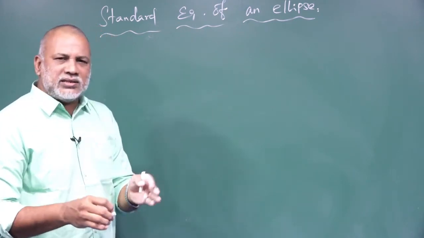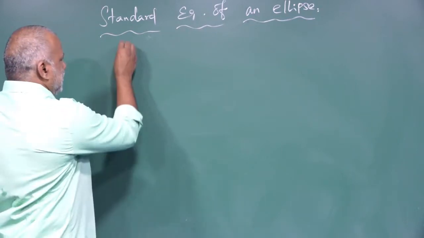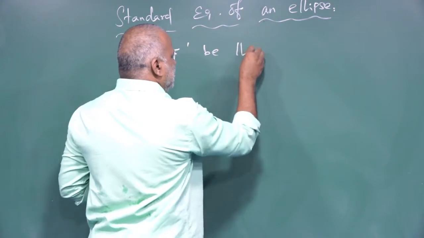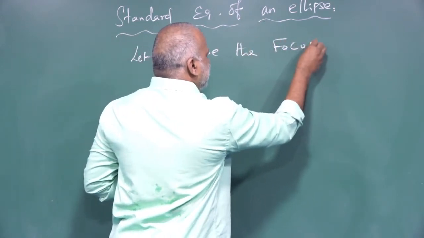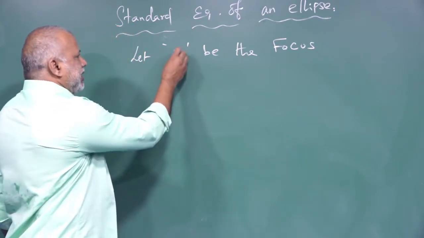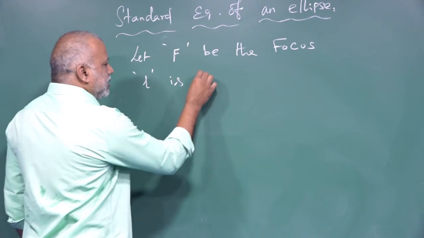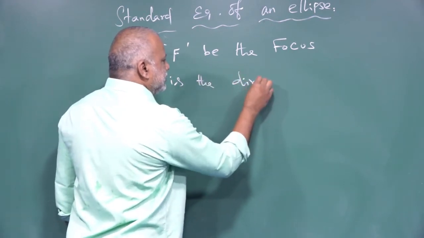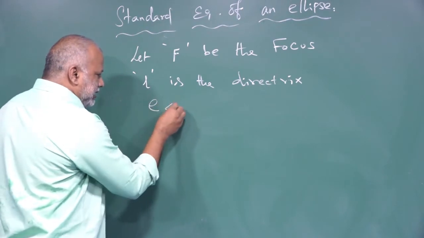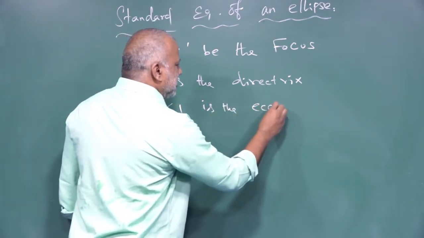Now we already discussed what is the meaning of F. F is the focus. Let F be the focus. All these explanations we already discussed in the basic definition of conics. And L is the directrix. E less than 1 is the eccentricity.